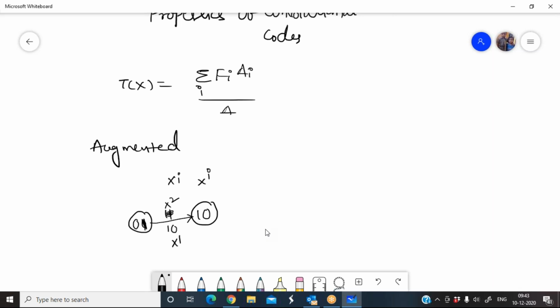The augmented state diagram means you have to increase that modified state diagram by adding something. Here I wrote only x. Now I want to add something to this x: those are y and z. So what is y, what is z? That is important.